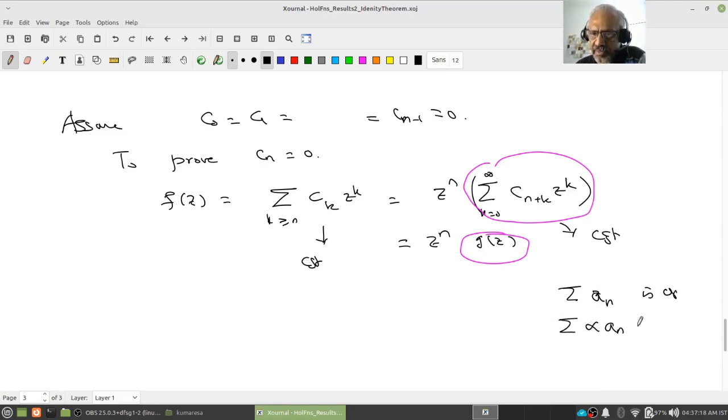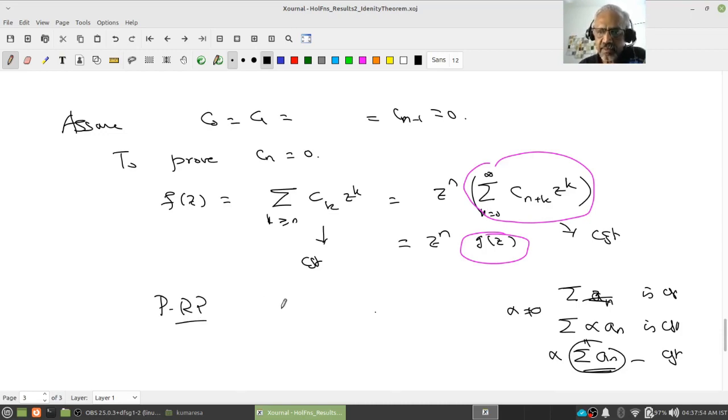If I know the sum of alpha an is convergent and alpha is non-zero, then since these are equal, I get that the series is convergent. Do you understand this? Here z^n is common. If z is not equal to 0, this series is convergent. But if z is equal to 0, then the only surviving term is going to be Cn. Therefore, the series is convergent. Please understand.